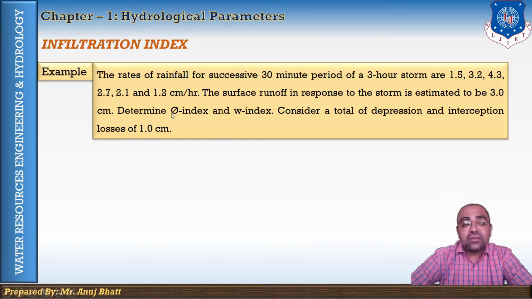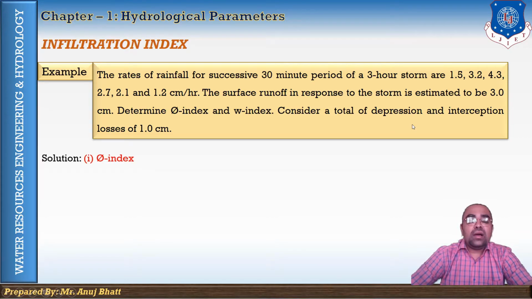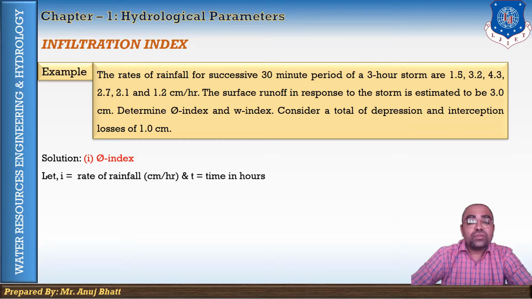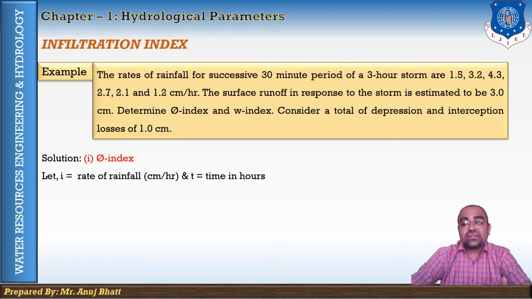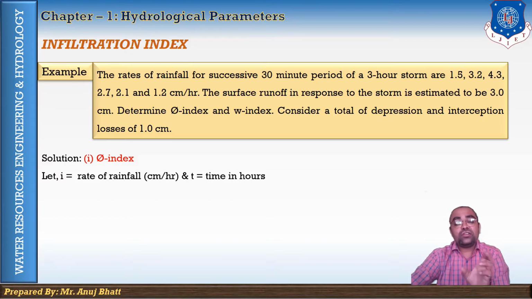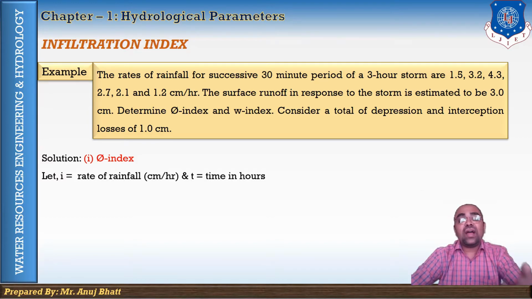Now we have to determine the phi index and W index, considering a total of depression and interception loss as 1 centimeter. Well, to find out the phi index, we have two different things. First is I and the second is T. I is the rate of rainfall and T is time in hours. Before finding the phi index, first of all we have to assume any of the given rates of rainfall as the phi index.